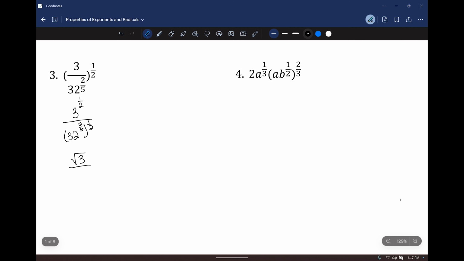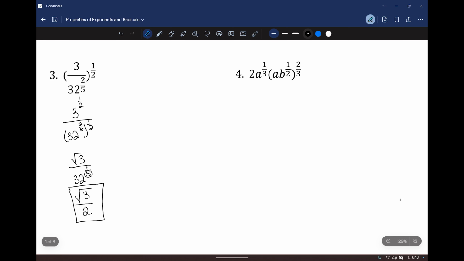And on bottom, I'm going to take that 32 and raise it to the 2/5 times the 1/2. That would be 2/10, which is 1/5. So I have the 5th root of 32. 32 is a perfect 5th root. It is 2. And then I can't reduce, so I am left with the square root of 3 over 2.